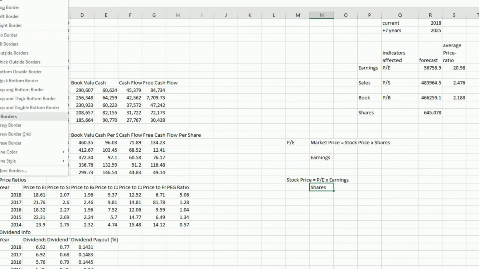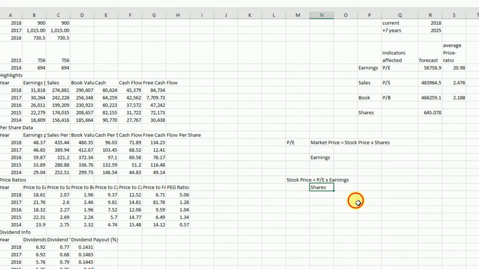Price earnings times earnings over shares.